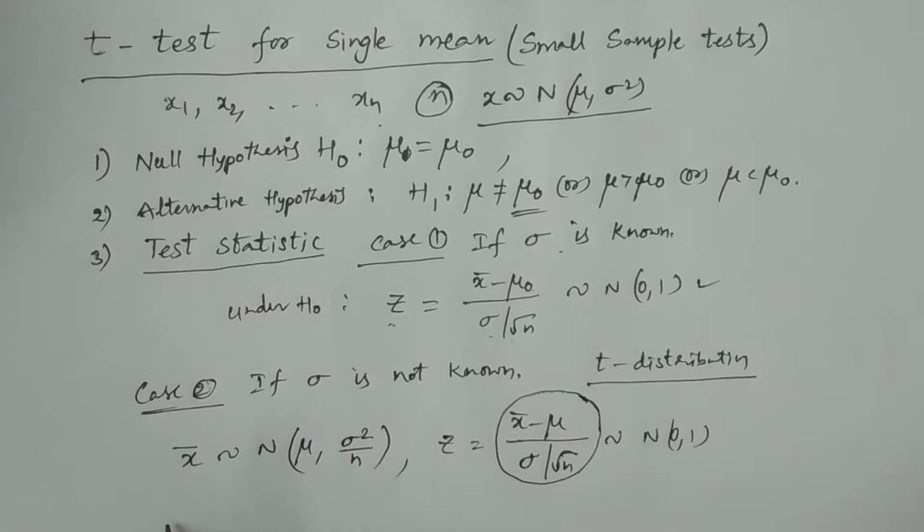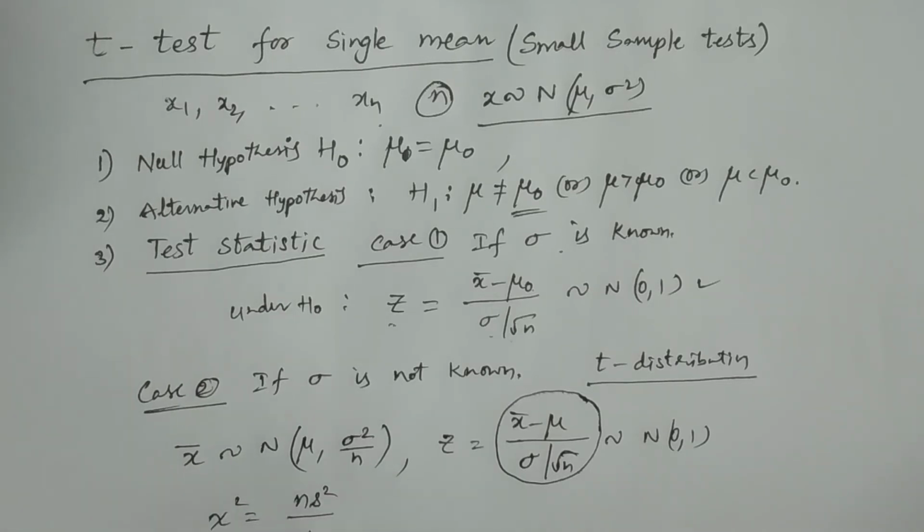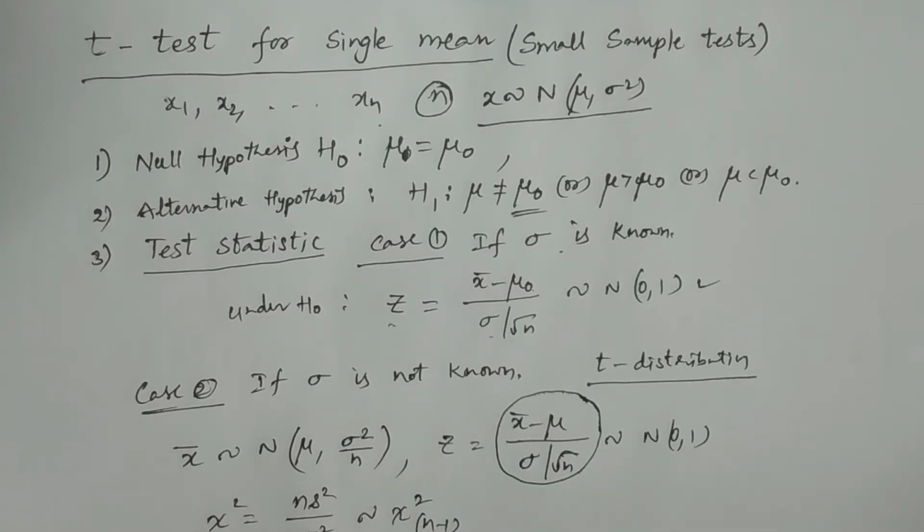And the chi-square variate: we consider n s square divided by sigma square, which follows a chi-square distribution with n minus 1 degrees of freedom. So chi-square is equal to n s square by sigma square, with n minus 1 degrees of freedom.